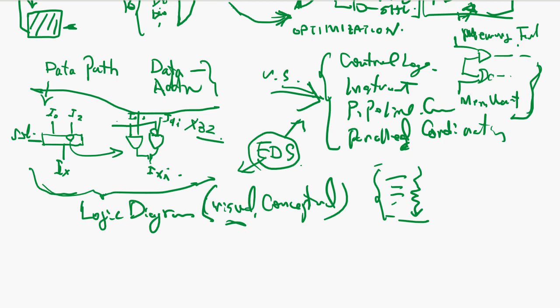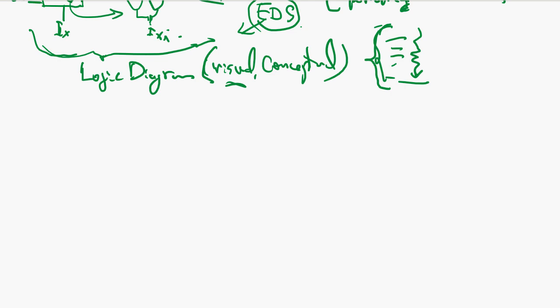Maybe the code level is easier, and try and error, compile again and again. So this is about the method of logic design.